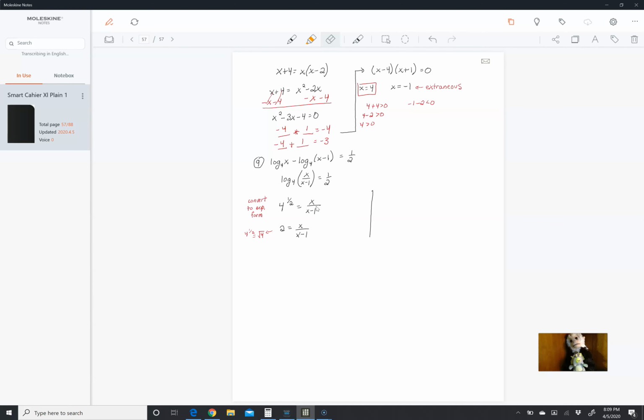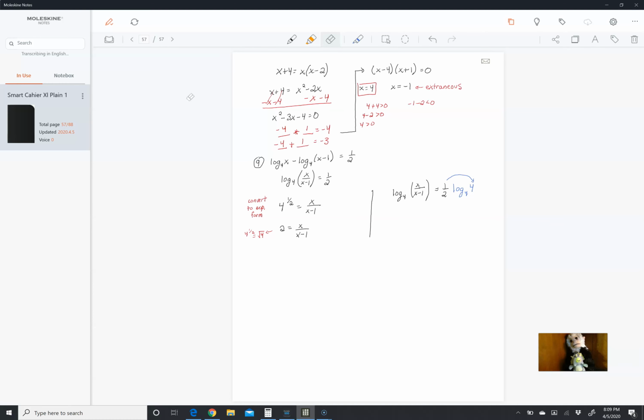So what we're doing here is we're doing log base 4 of x over x minus 1 is equal to 1/2, but this time we're going to multiply the right by log base 4 of 4. The reason that we're doing that is so that we wind up with an argument. Log base 4 of 4 is 1, so that is fine.